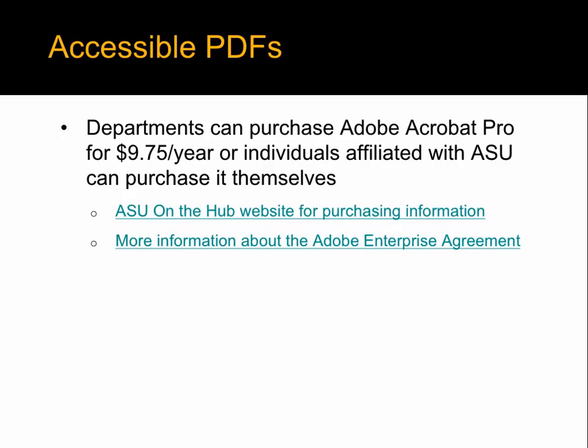The other thing you can do is your department can purchase Adobe Acrobat Pro for you, or individuals affiliated with ASU can purchase it themselves. When you purchase it, you can actually take an image PDF and ask it to convert. It recognizes the text, converts it, and saves it in an accessible format. And that is so important for use of screen readers.